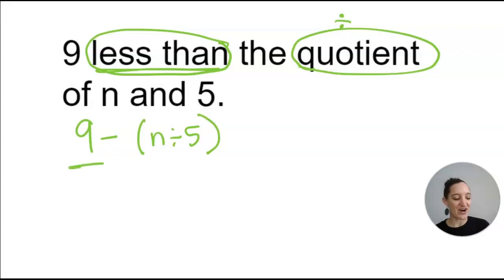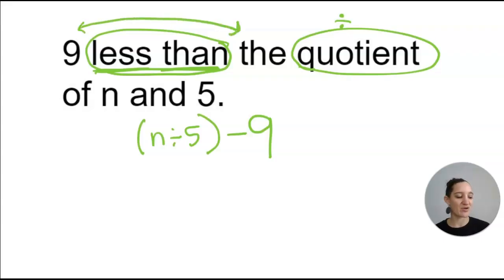It shows that I'm starting with 9 and then taking the quotient away. That's not what less than means. Less than means I'm going to find the quotient and then get 9 less than that, so I need to do a minus 9 at the end. Because less than is a turnaround word, what I like to do is go like this and show that I'm going to flip the subtraction with the quotient.